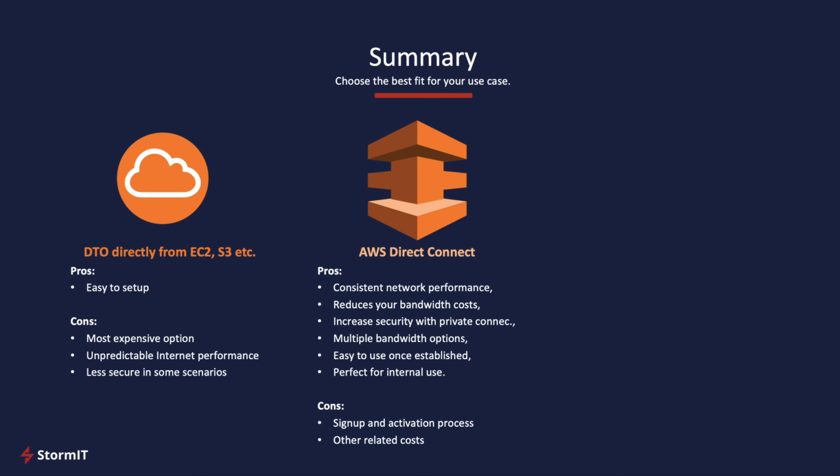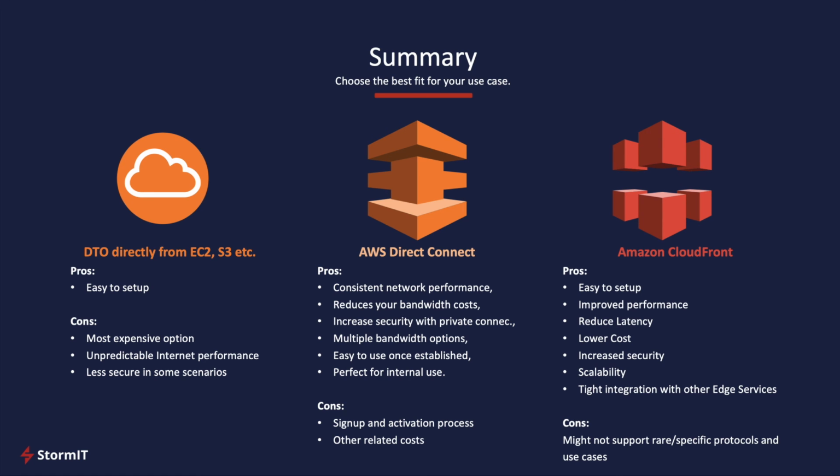Increases security with a dedicated connection. It offers various data transfer capacity options. Ease of use after initial setup and connection. In order for organizations to take advantage of Direct Connect, they have to go through a bit more complicated process and setup at the beginning, since third parties are involved in the process, so it's more time consuming and generates additional costs.